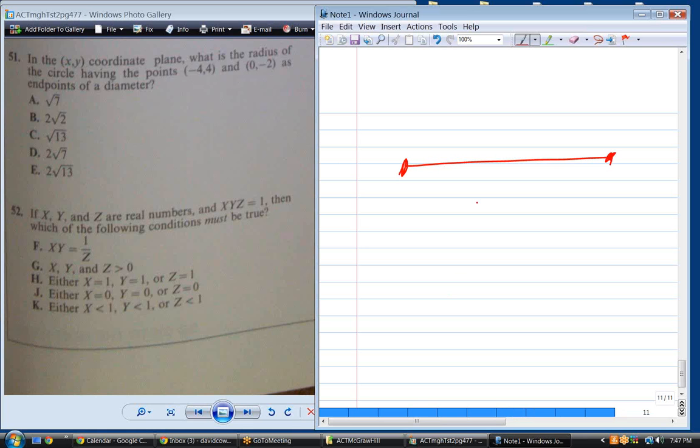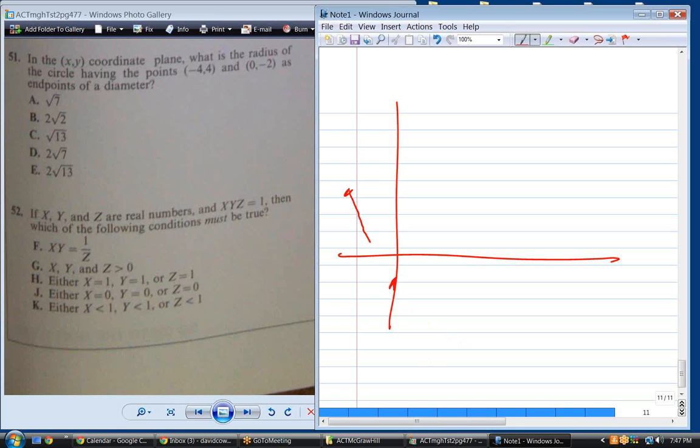Well, no, because the diameter may not be a horizontal line, and clearly it isn't. In other words, the endpoints are minus 4, 4 and 0, minus 2. So there's the circle they're talking about.